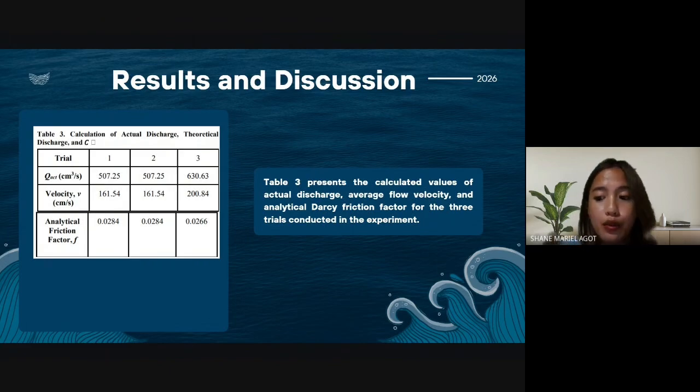This result showed that increasing the flow velocity also increases the flow rate and the energy losses within the pipe system. However, the friction factor remained relatively consistent throughout the trials with an average value of approximately 0.03. This indicates that the experiment maintained stable hydraulic conditions and consistent flow behavior during the testing process.